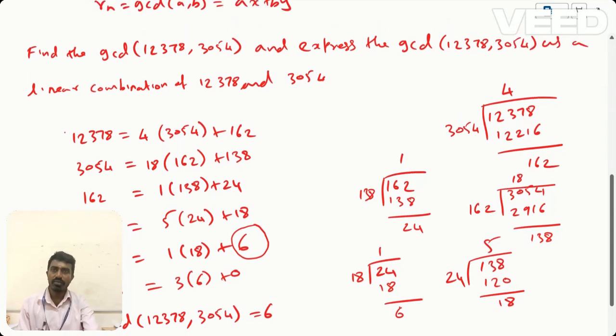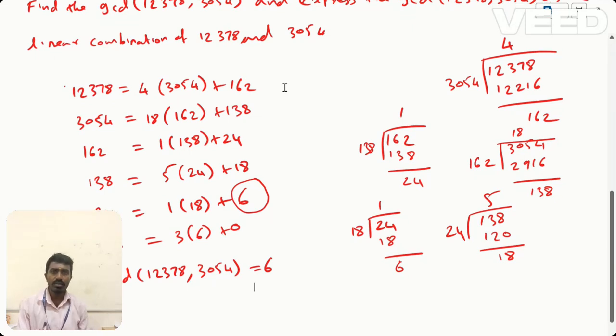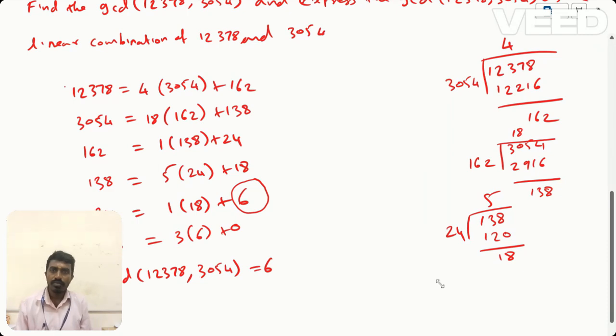The question is to find the GCD, so the first part is over. The next part is to express the GCD as a linear combination of the given two numbers. For that, start with this equation.